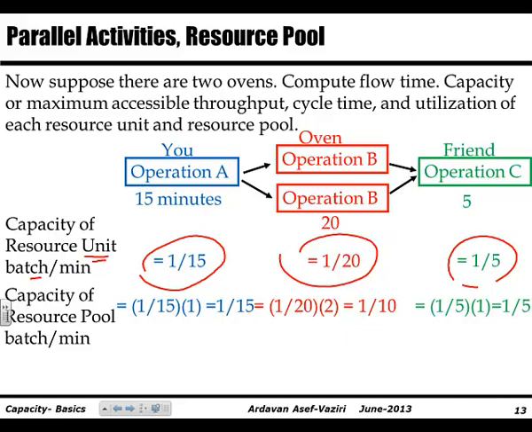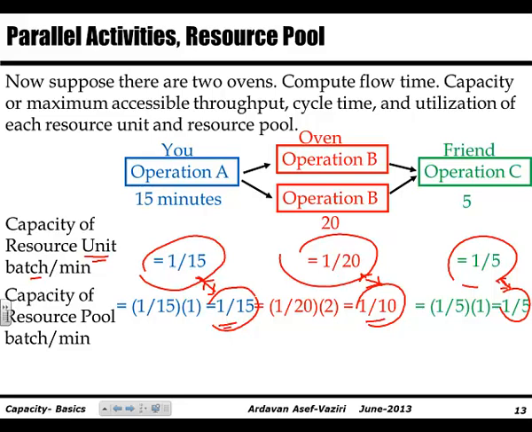But we have one resource unit in the first operation, so it remains. But we have two resource units in the second operation, so it is changed to 1/10, and in the third operation it remains 1/5.